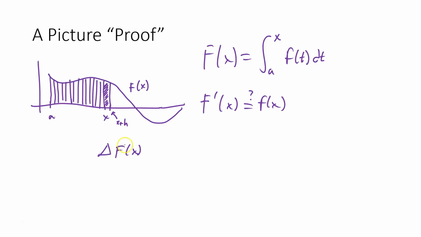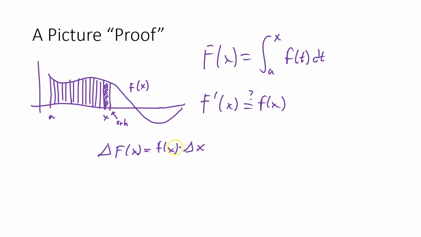So delta capital F of x would be equal to the height of this bar, which is little f of x, right? That's the height of that bar, because the height is approximately this guy right here, and then multiplied by some change in x. And that would be the distance between x and x plus h. So you could say that's h, but I'll just use delta x.